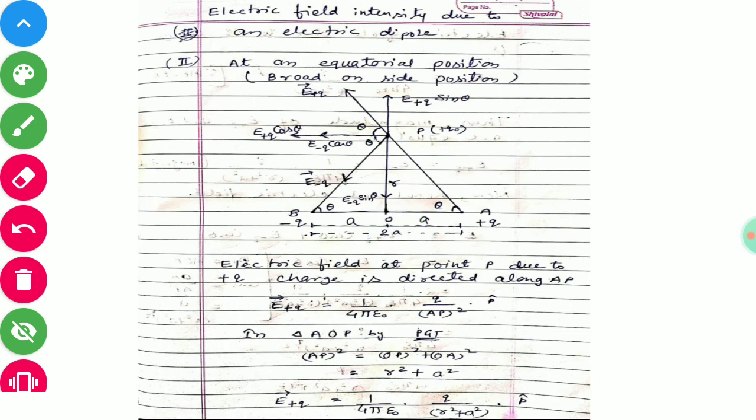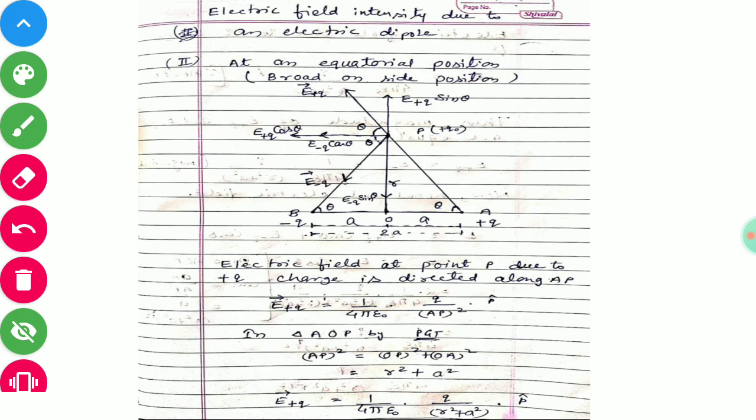Minus q is situated at point B, plus q is situated at point A, and plus q naught test charge is situated at point P. Now the electric field at point P due to plus q charge is directed along the AP direction.